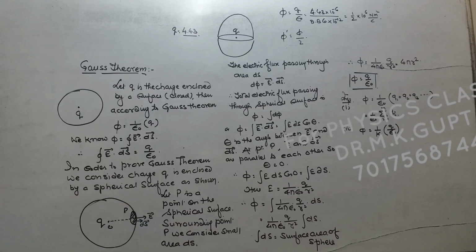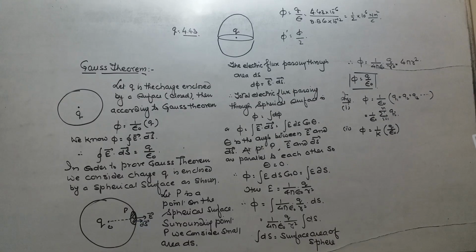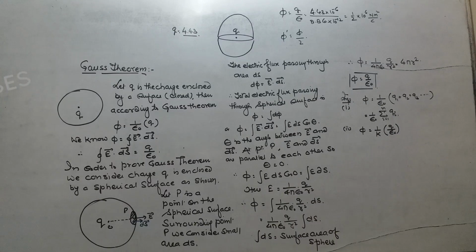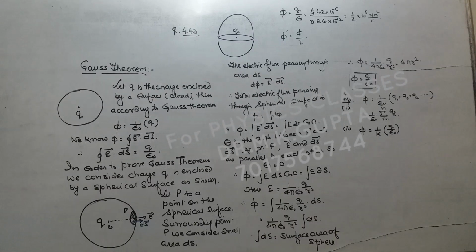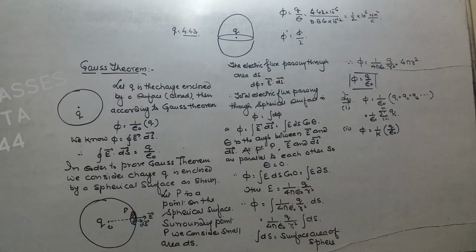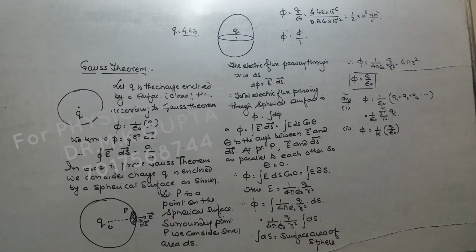For a spherical surface, electric field and area vector are always parallel to each other. Therefore, theta is equal to 0 and hence phi is equal to integral E dS. Substitute the value of E. After integration, you will get phi is equal to Q upon epsilon naught, which proves your Gauss theorem.